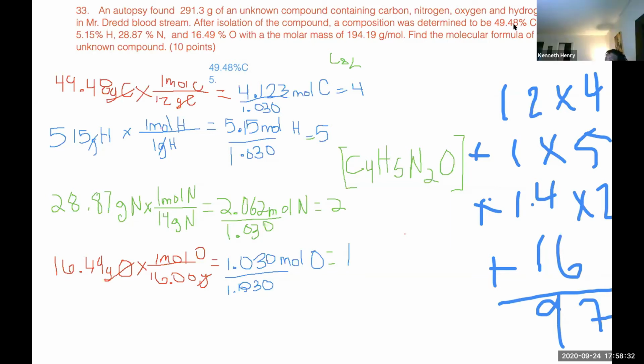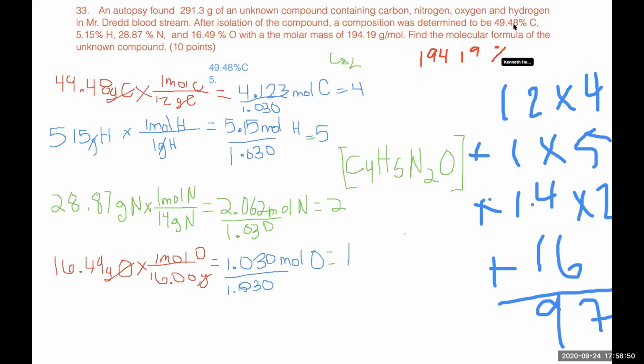Okay, wait, I'm a little confused. You said you had 194.19, and you're dividing that by the total, 97. Okay, and that equals what?